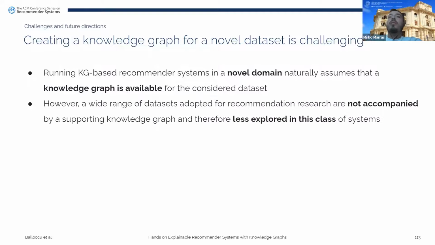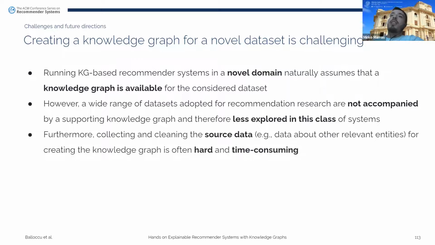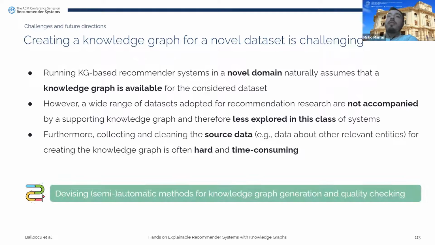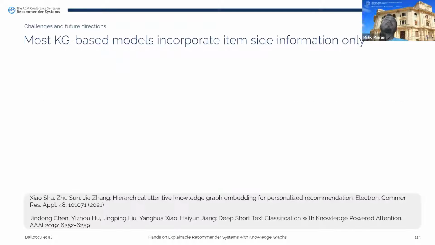However, a wide range of datasets adopted for recommendation research are not accompanied by a supporting knowledge graph, and therefore they are less explored in this class of systems. Furthermore, collecting and cleaning the source data about the relevant entities for creating a knowledge graph is often hard and time-consuming. Therefore, devising semi-automatic methods for knowledge graph generation and quality checking is a promising research direction from this perspective.